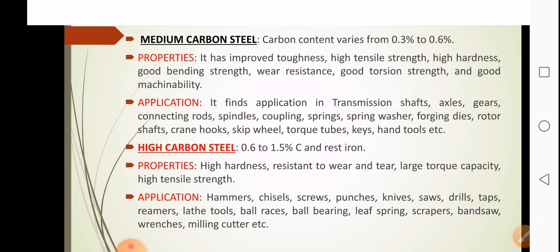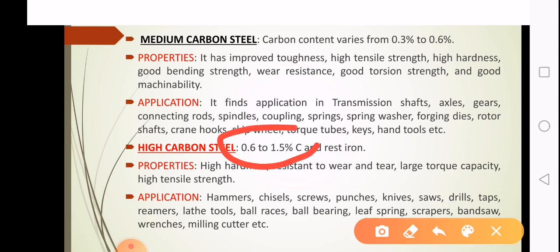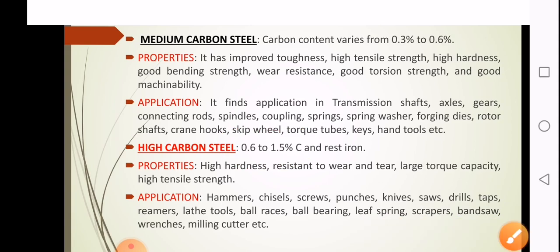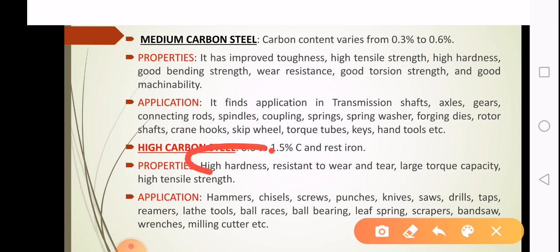In high carbon steel, there is a further increase in the carbon content. It is about 0.6% to 1.5%, and the rest is of course iron. You can see that it has high hardness. As I was mentioning, as we increase the carbon content, the hardness value also increases.